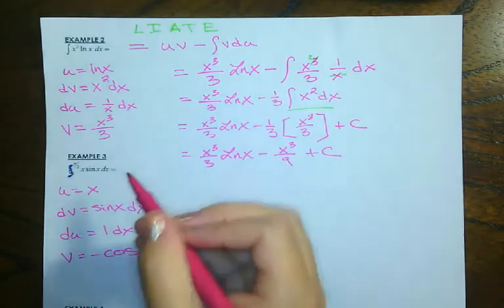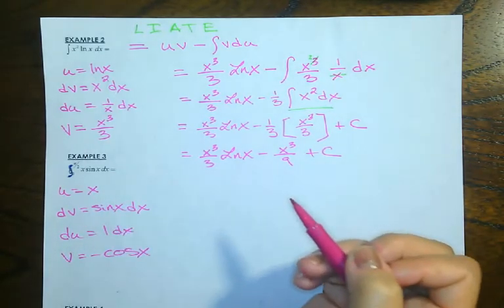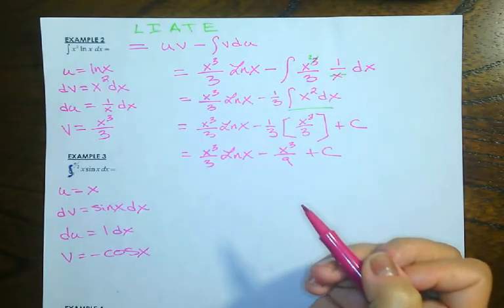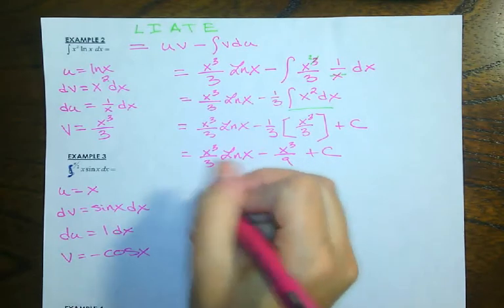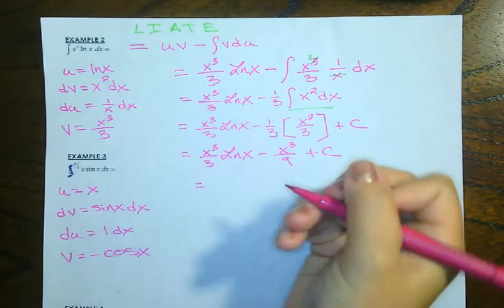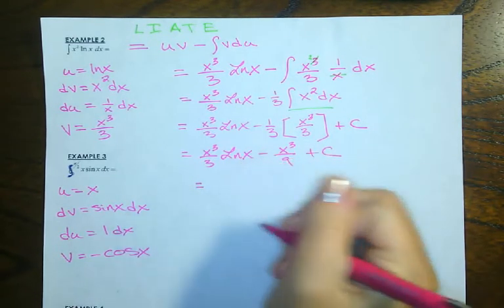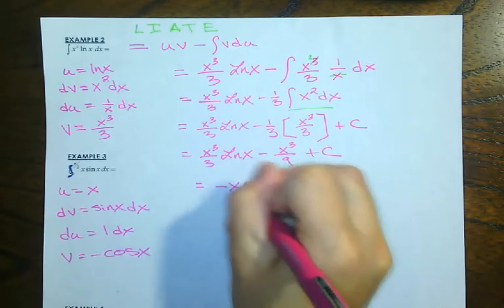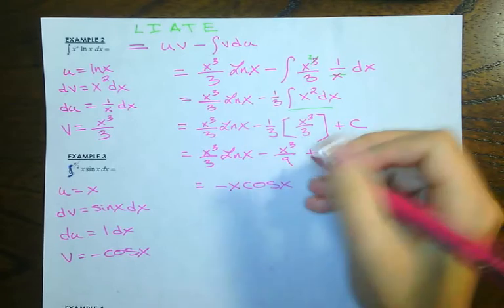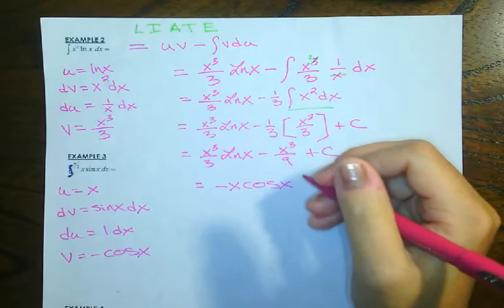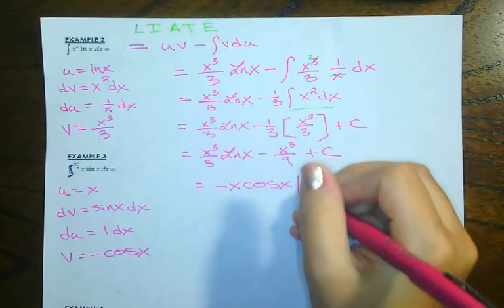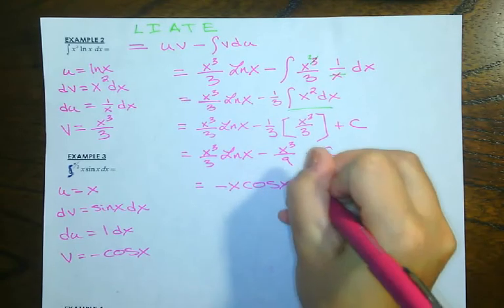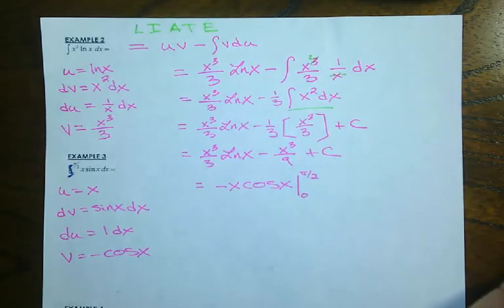Now, when we go to write our uv minus the integral of v du, we're going to have to put in some additional fundamental theorem of calculus steps. So I'm getting negative x cos x. Now here's the part though. I've integrated that. It's a definite integral, so I need to evaluate that from 0 to pi over 2.